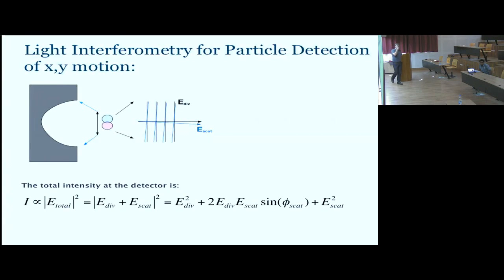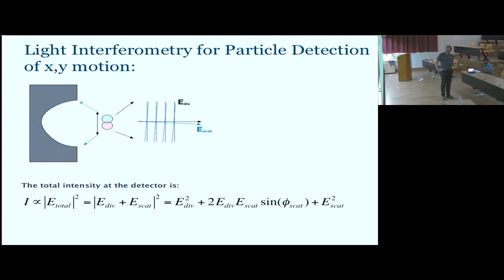Now, the other thing which is also important, because it is an object which moves in 3 dimensions, is that it not only moves in the Z direction with the mirror, it also moves in X and Y. You can also pick up the motion along those directions. That is a little sketch which explains this. Here's the mirror again, and again you have the particle trapped here. If you think about the motion of the particle in this direction, then the backscattered field will be slightly tilted with respect to the diverging field.